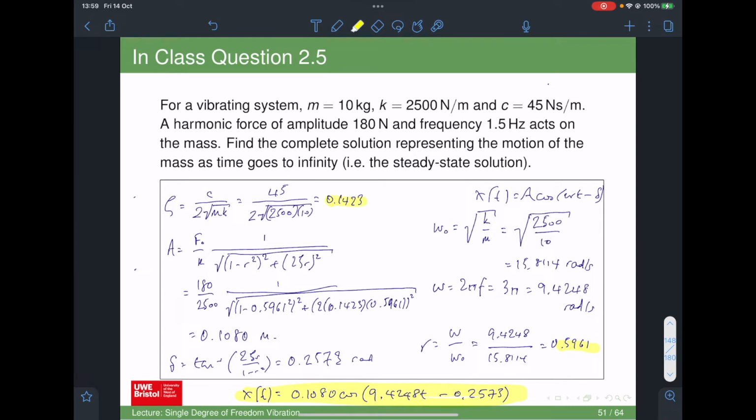Okay, so I should have had another slide with a bit more space, but the equations I've used are the ones from the notes, so this one and this one down here for the A and delta. I've gone through A and stuck in the numbers and I got 0.108. I've stuck in the numbers for delta and I got 0.2573.